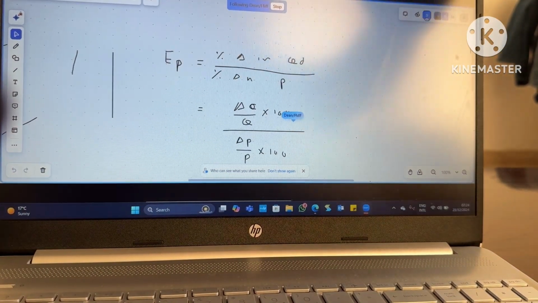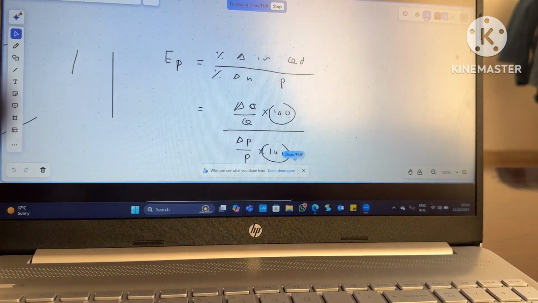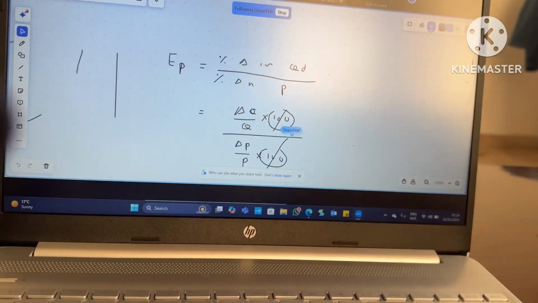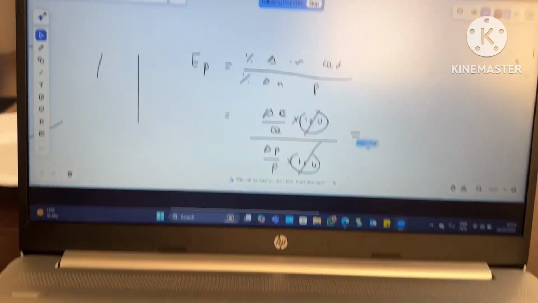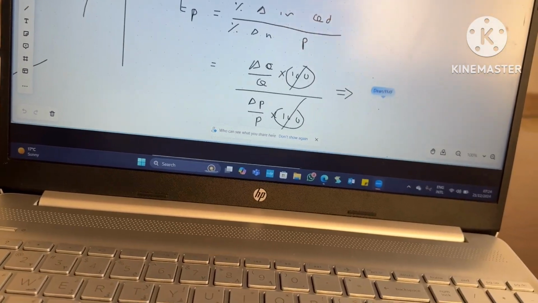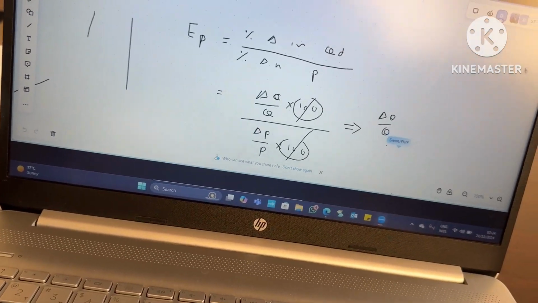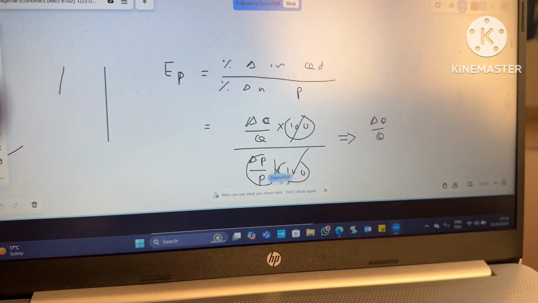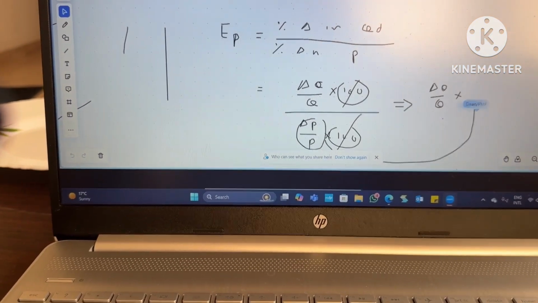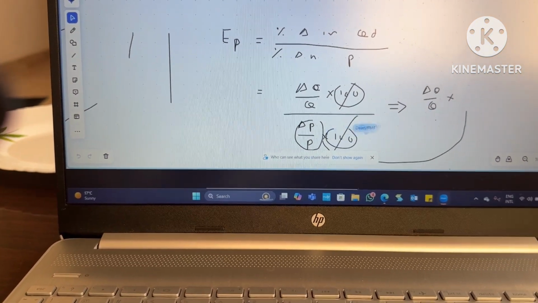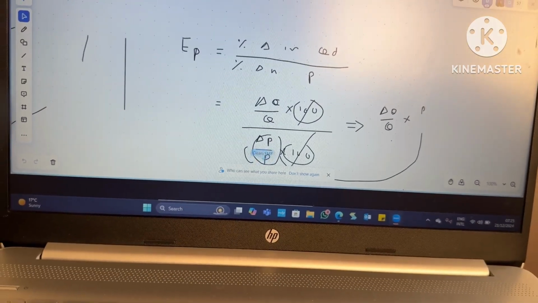So both have 100, in the numerator and the denominator, no point of keeping it, we can cut this off, right? Then you can rewrite this equation in this way as well. Delta Q over Q, and bringing this part in as a multiplication, the numerator and the denominator are swapped.